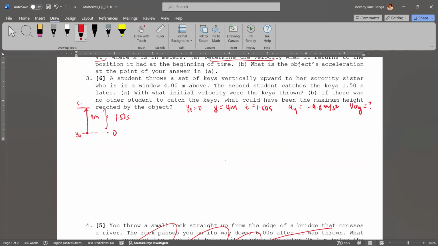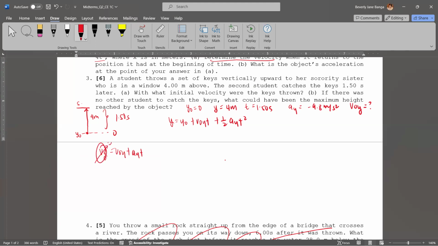With what initial velocity were the keys thrown? So based on the equations, we can use y is equal to y naught plus VOYT plus 1 half AYT squared. Now the problem with this one is some of you used the Vy is equal to Voy plus AYT equation, having assumed that Vy is 0.